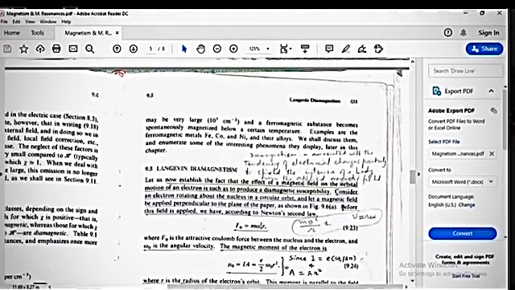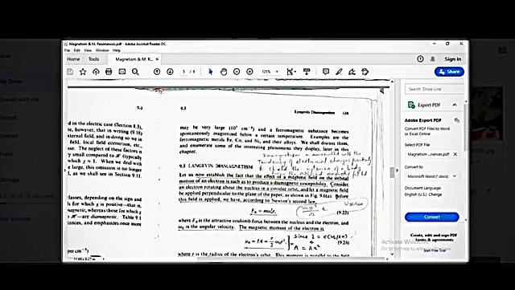We know that according to Newton's law, the electrical attractive force between the nucleus and the electron is equal to m omega naught square r.